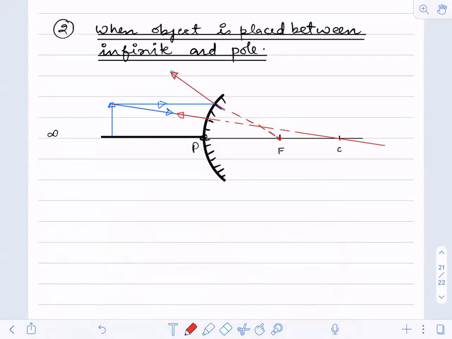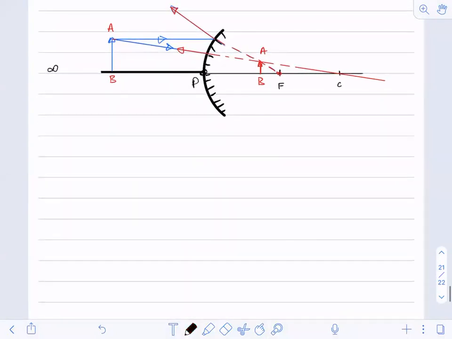Now here is the point of intersection between pole and focus. If this is A and this is B, is it okay? Now tell me the positions and everything for this.